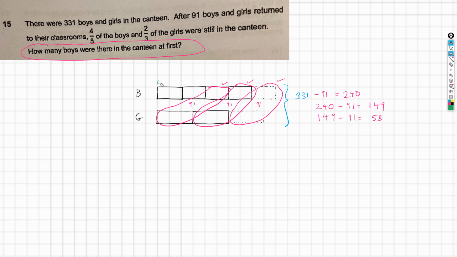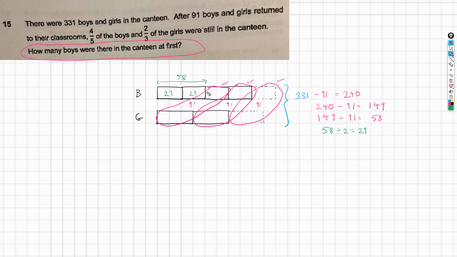Well, that means that these two blocks here, which I know have the same value, both of them together are equal to 58. So if I divide 58 by 2, that gives me 29, and each of these blocks is 29.